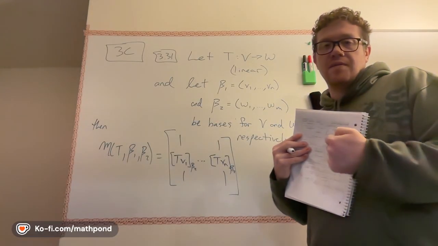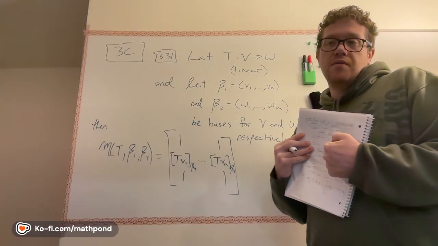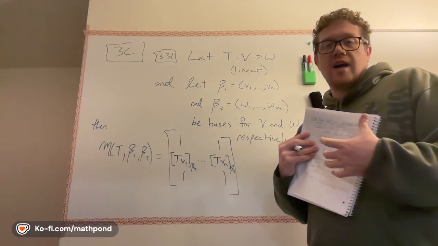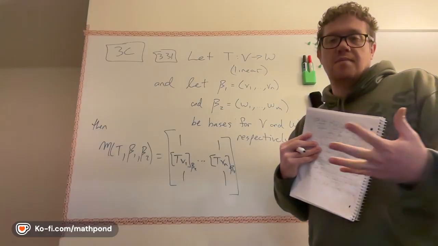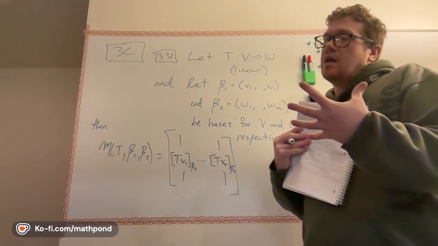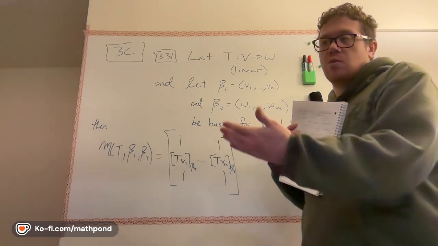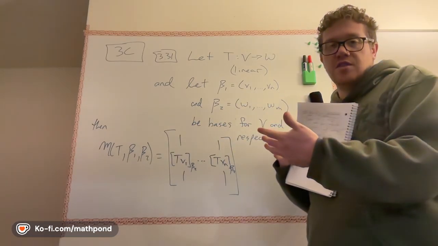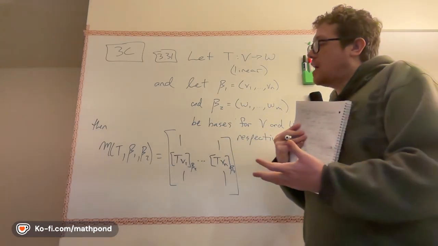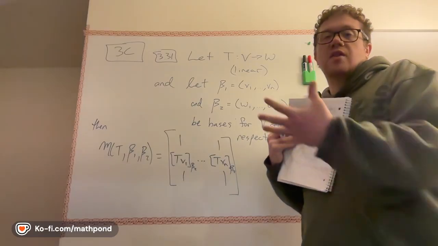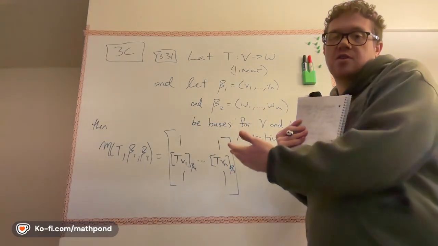keeping track of, in some sense, the matrix of the composition of the maps. If we have a matrix for two different maps and we compose the linear transformations and we keep track of all the bases, then the matrix for the composition corresponds to matrix multiplication.